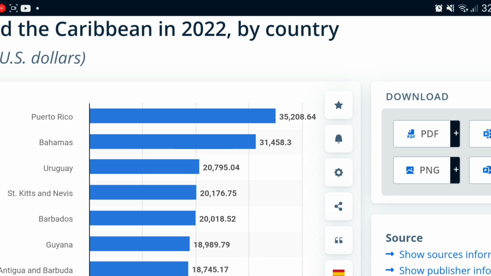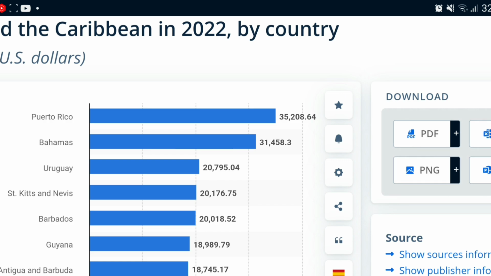So if you work out the real GDP for Puerto Rico, it has to be upward of 100 billion, given that their GDP per capita is 35,000.